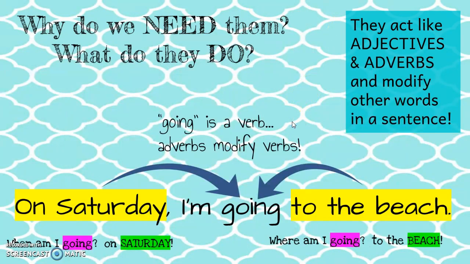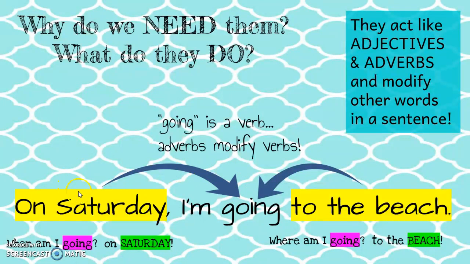So why do we need them? What do they do? Well, if we go back to our example sentence, we said if it was just I'm going, that isn't a very descriptive sentence. So we use this prepositional phrase to show when and where I'm going. We know that when we answer when and where as questions and we modify verbs, then we have an adverb.